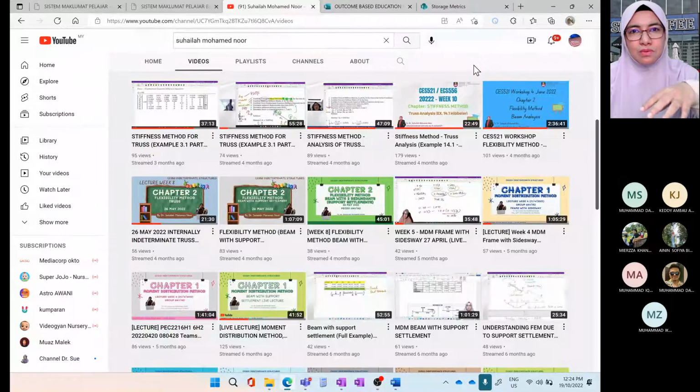Each method has a combination of structures. In the flexibility method, there are beams, frames and trusses. Once you learn beams, you should be able to do frame and truss analysis, even though I have not yet taught it.